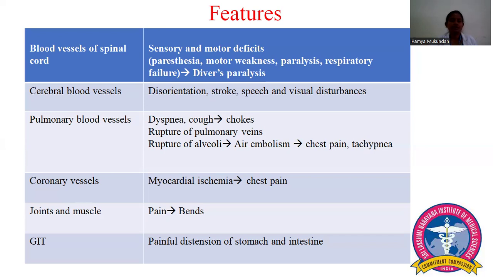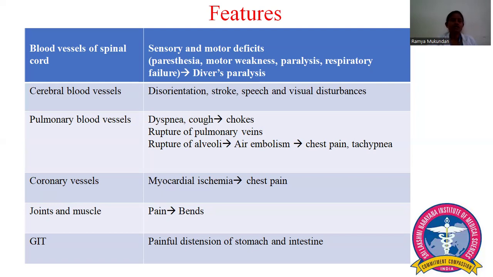In coronary blood vessels, it causes myocardial ischemia and myocardial infarction, resulting in chest pain. Whenever these bubbles reach the joints and muscles, it causes pain in the joints and pain in the muscles. That's why it is called bends. In the gastrointestinal system, it causes painful distension of the stomach and the intestine.